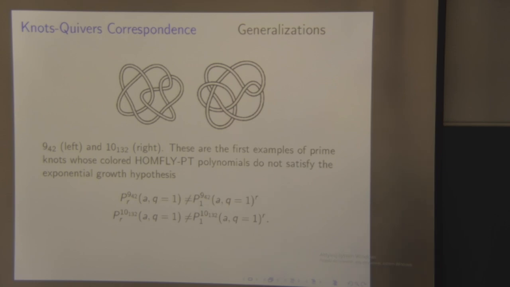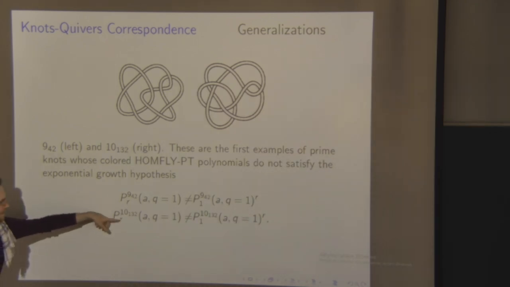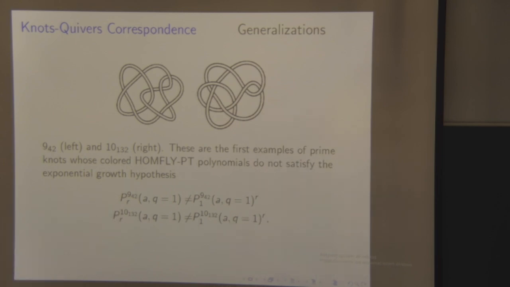Maybe let me comment on what you said, because I would phrase it in a slightly different way. It's related to the paper we wrote with Pietro and Tobias Ekholm. If you consider the knot-quiver correspondence for these kinds of knots, it can be written in a quiver form.